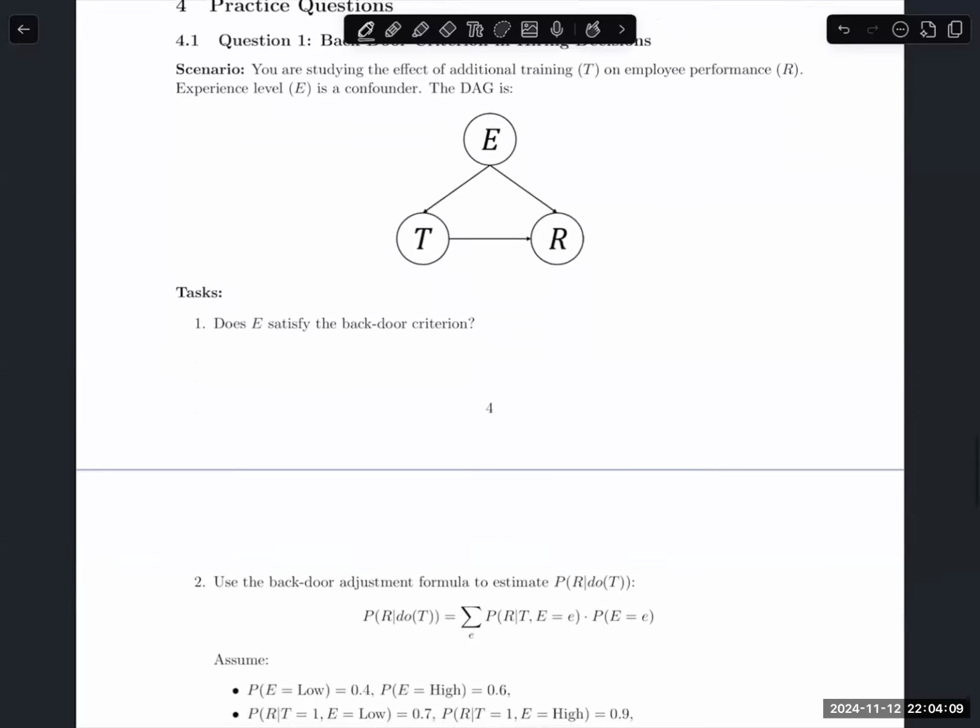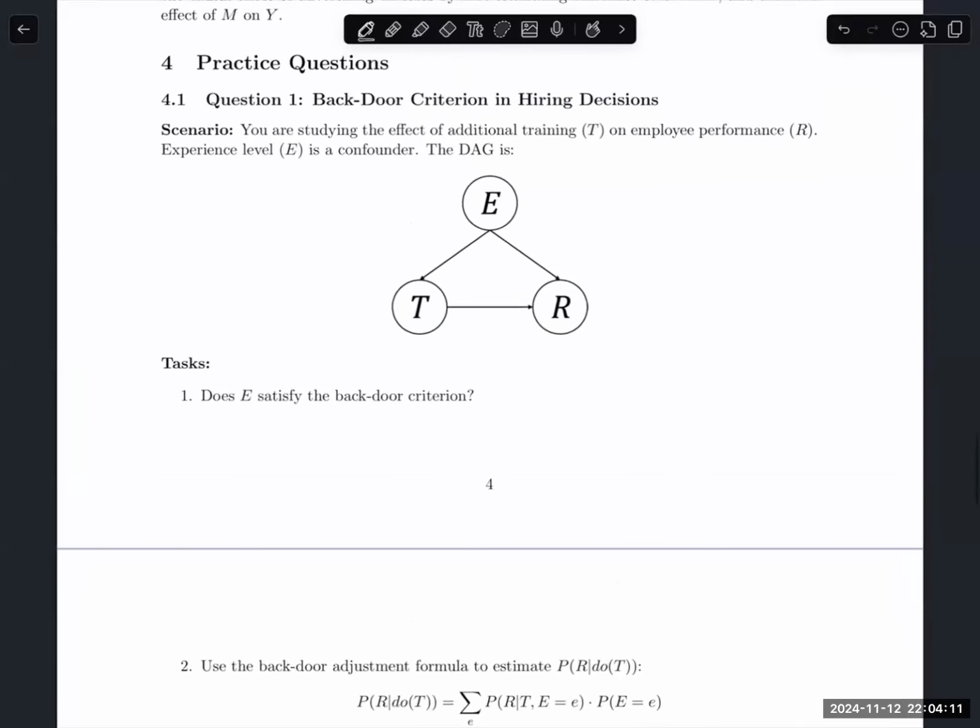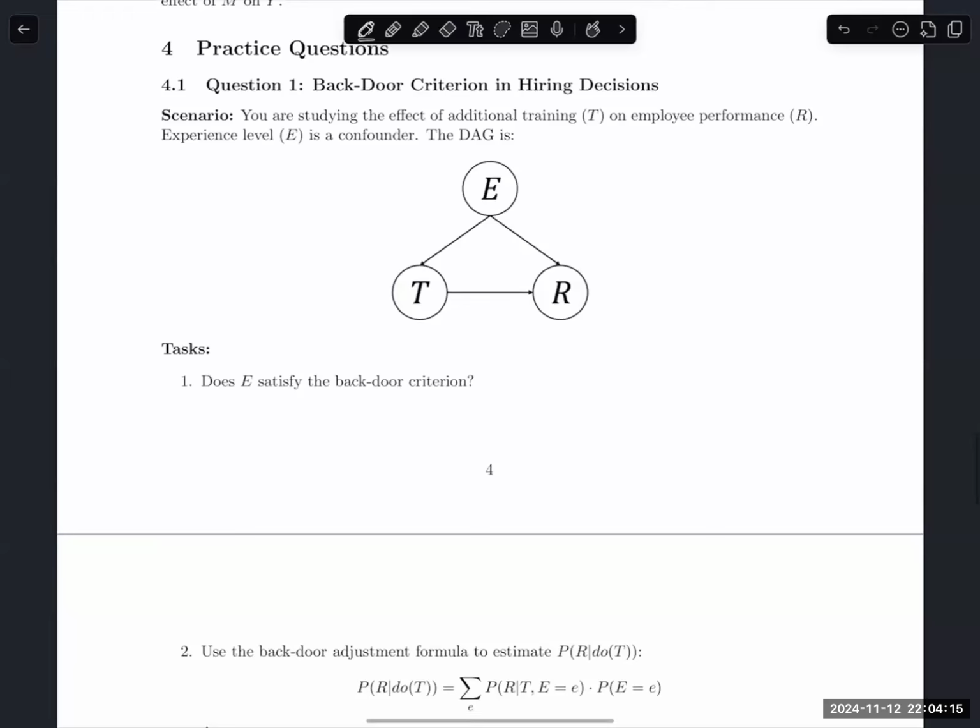So we have two tasks right here. The first one: does E satisfy the backdoor criterion?